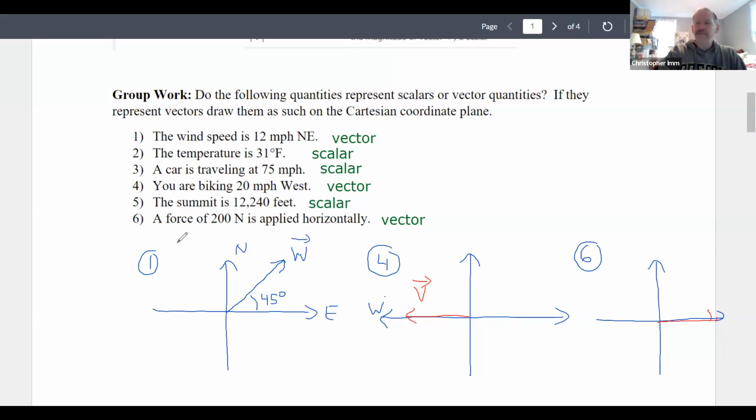So we'll just say the force is applied to the right. And so that's what the vector would look like. It could be going in the other direction. We would need more information. But the thing to notice is that when we compare four and six, they're going in sort of opposite directions. So those wouldn't be equal in a way. That's what we're going to be talking about next.